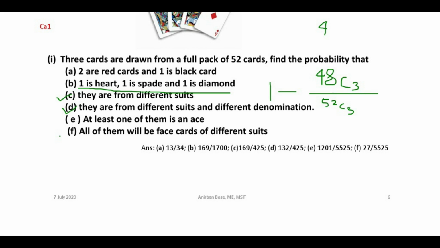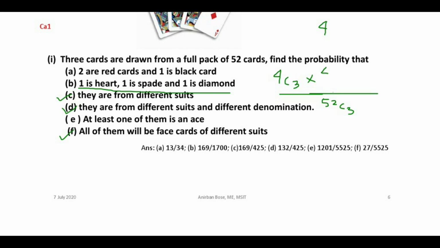Now coming to the last one. All of them will be face cards of different suits. Okay, so how can we do that? From different suits, so first of all you have to choose 3 suits out of 4. Then all of them will be face cards. So how many face cards from suit 1?